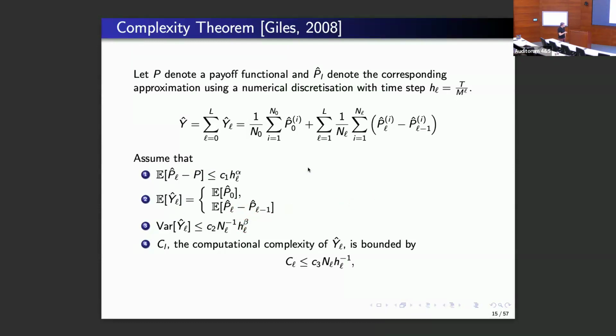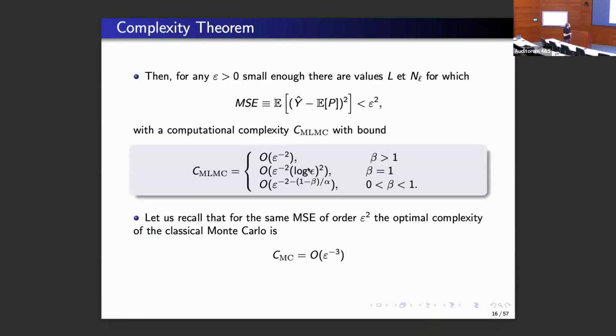And it turns out, from Mike Giles' work, that if you want to achieve a total error of order epsilon, meaning a mean square error of order epsilon squared, this is the optimal complexity that you would get for a multi-level. It is of order epsilon^-2 if beta is strictly larger than 1, epsilon^-2 with a log, of course, if beta equals 1, and with some power of epsilon if beta is between 0 and 1.